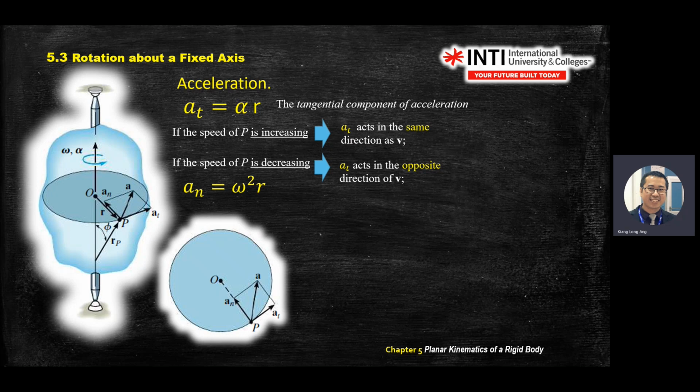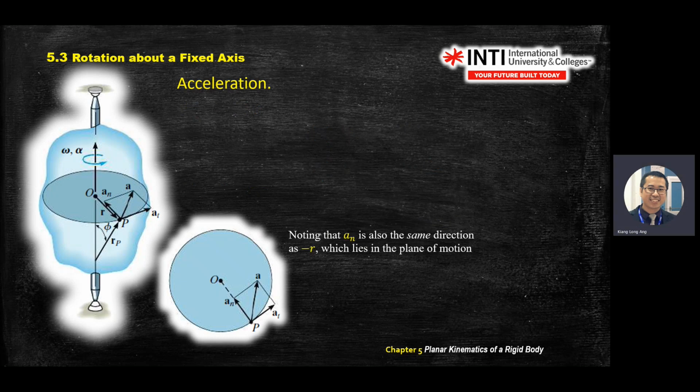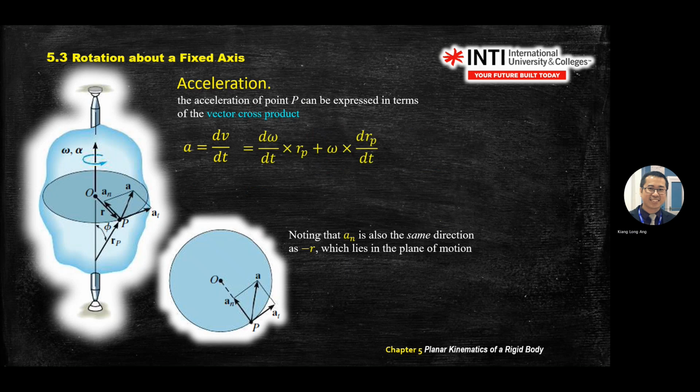So the arrow of your acceleration, angular acceleration or acceleration, will flip to another side. Okay, so normal component, direction of A_N will always be towards center. So I just want to tell you that actually the direction between the R and N is opposite direction.